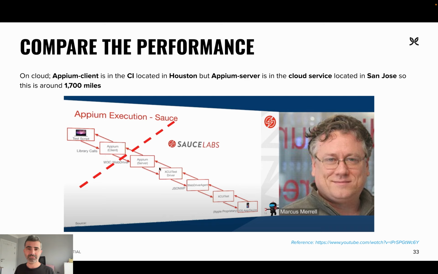Also there is an Appium server in the cloud service, and it is located in San Jose. The distance between Houston and San Jose is around 1,700 miles. So a simple command should travel this path, 1,700 miles, and it should return back to your client, another 1,700 miles.